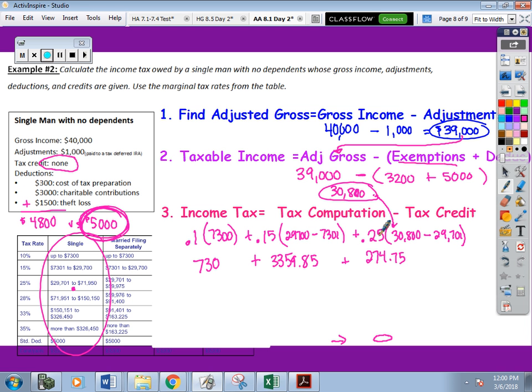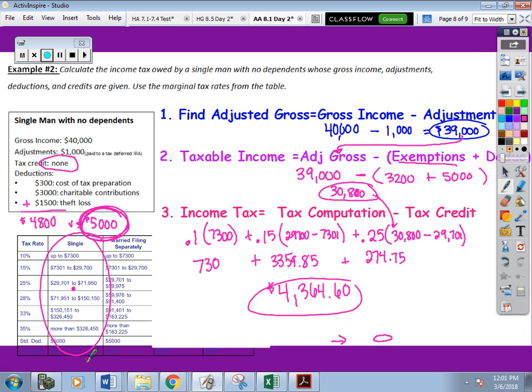So it kind of helps to show that people that don't make a lot of money aren't paying a ton of tax. It's a graduated tax system which is designed to hopefully alleviate that. We add all the numbers together, but you can see the more money you make, the higher tax you owe. But again, they're not going to charge you 35% on all your money. They're only going to charge you 35% on what you make over $326,000. So that's how that works.